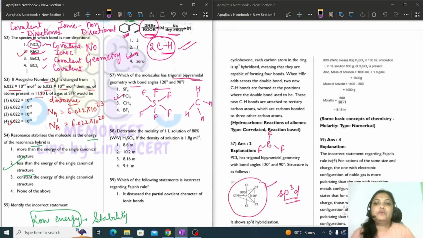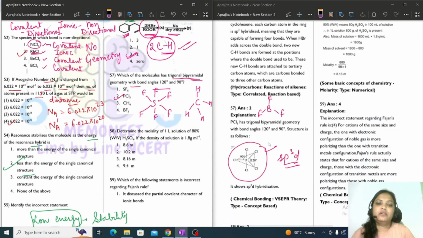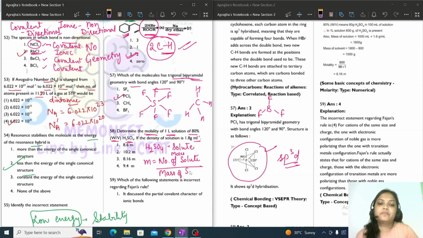Now let's move on to question number 58. Here we have to determine the molality of 1 liter of solution of 80% weight by volume H2SO4. H2SO4 is the solute here and the density is given as 1.8 gram per milliliter. This is the density of the solution. We know that molality is the number of moles of solute present per kg of the solvent, meaning mass of solvent in kg.